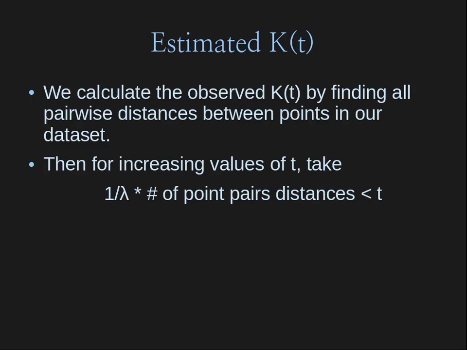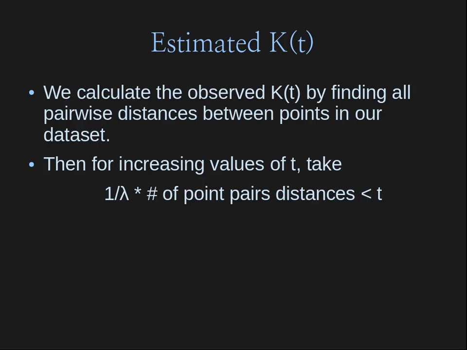And then what we do is we can say, for increasing values of t, we take the count of the number of point pair distances that are less than t times 1 over the density, which gives us the same thing. So essentially we're saying, if I have a bunch of pairwise distances that are lower than 1, I can count those up.